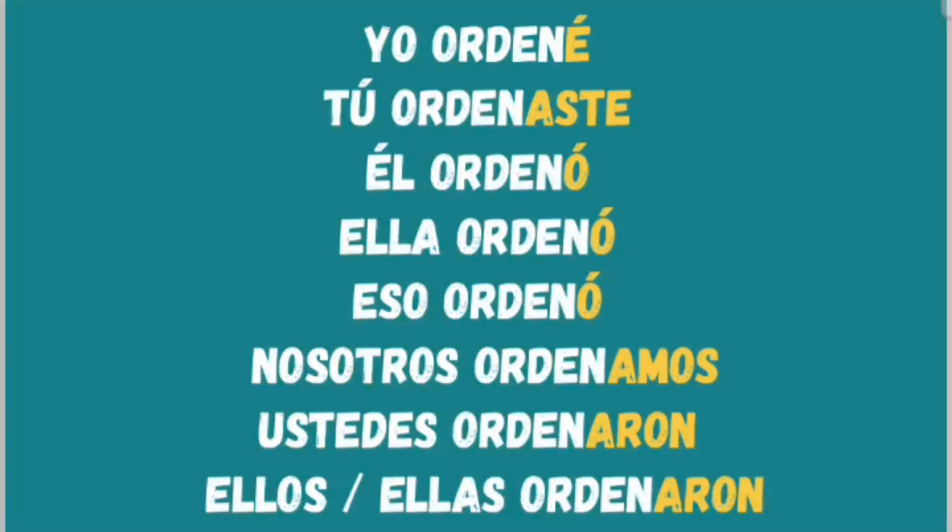Now, if you're talking about the personal pronoun we, nosotros, if you want to say we ordered, using the indefinite past, then you have to say in Spanish, nosotros ordenamos. We ordered.